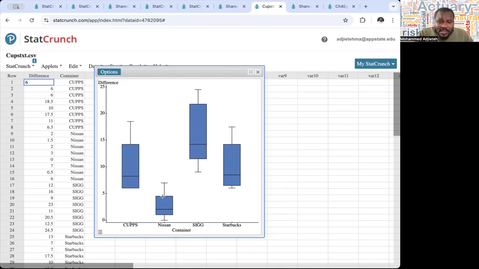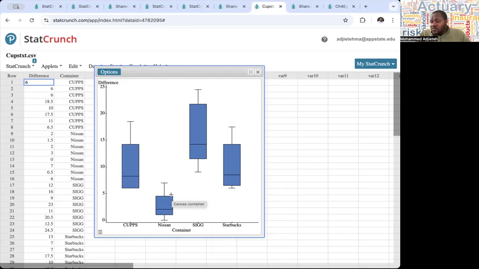So you can see here that the variation is very small. What it means is that the Nissan cap is a consistent performer. Because the variation is small, it means that it is consistent. So these are some of the insights or inferences we could draw from these box plots.